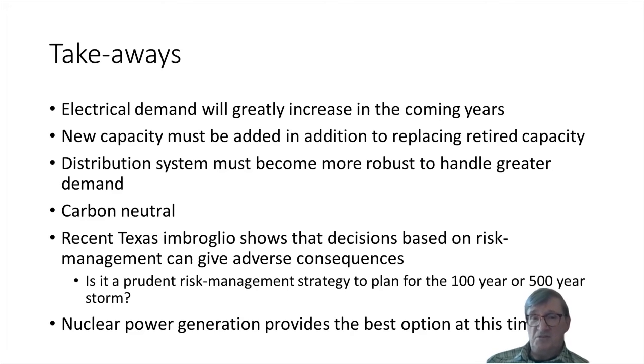And if you happen to be around when the adverse event happens, then it's too bad, you lose. And I would say at this point, nuclear power generation provides the best option, because it's a stable and mature technology that can supply a continuous baseline energy load.